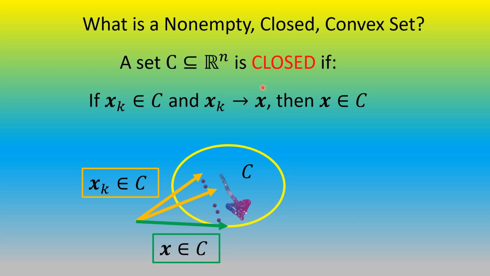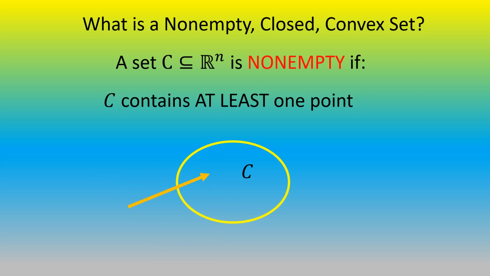That's basically it. So C is non-empty if C contains at least 1 point.